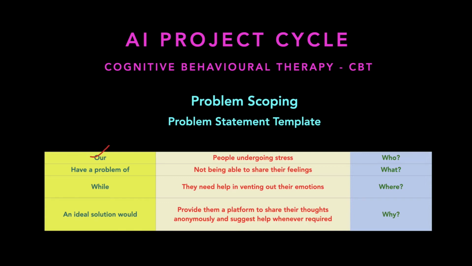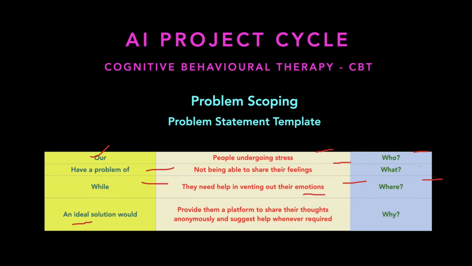Our people undergoing stress who have a problem of not being able to share their feelings, while they need help in venting out their emotions, where an ideal situation would provide them a platform to share their thoughts anonymously and suggest help whenever required, right?